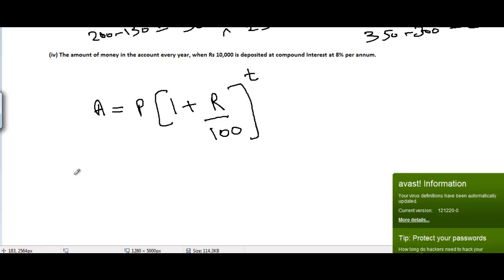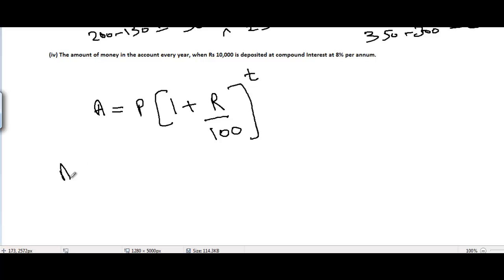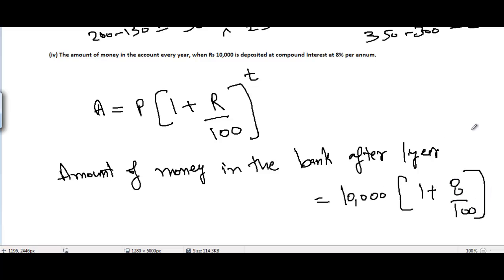So how much amount of money would we have after 1 year? After 1 year would be 10,000 times 1 plus 8 divided by 100, power 1, because it's just 1 year.